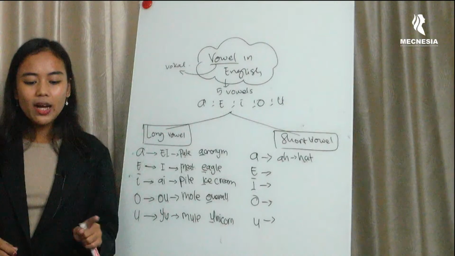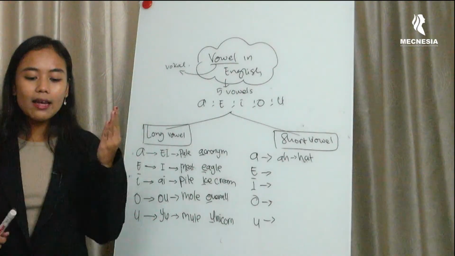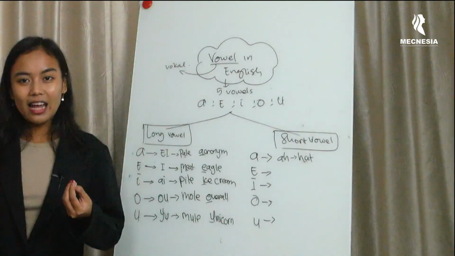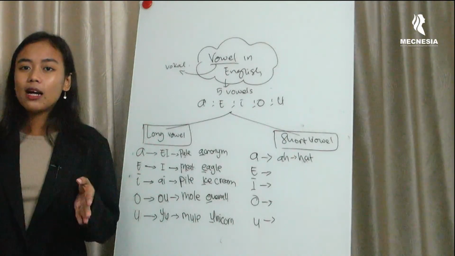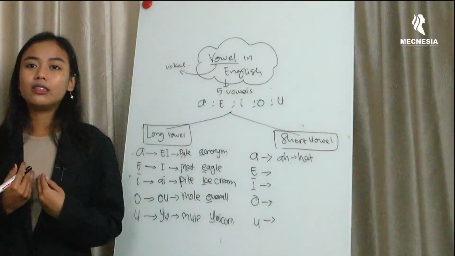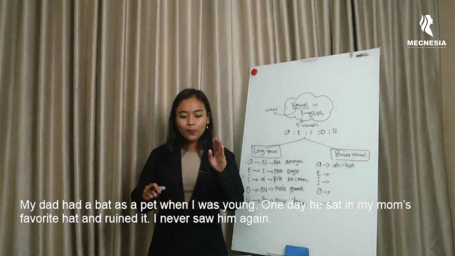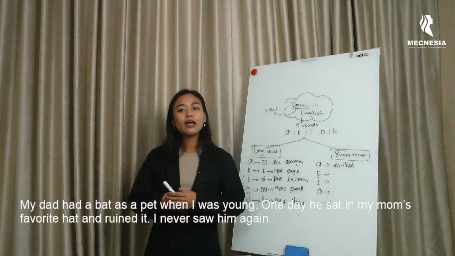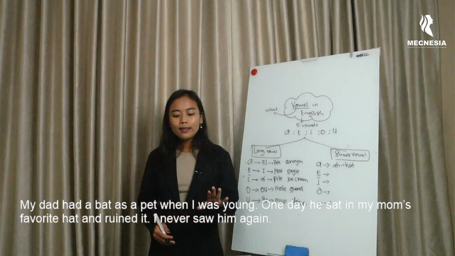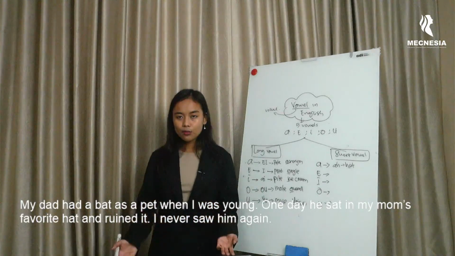So, my dad had a bat as a pet when I was young. Ayahku memiliki bat. Bat itu adalah kelelawar. As a pet, sebagai peliharaannya. When I was young, ketika aku masih muda. Let's say it one more time. My dad had a bat as a pet when I was young. One day he sat on my mom's favorite hat and ruined it.